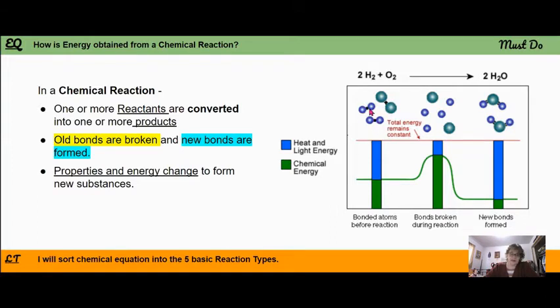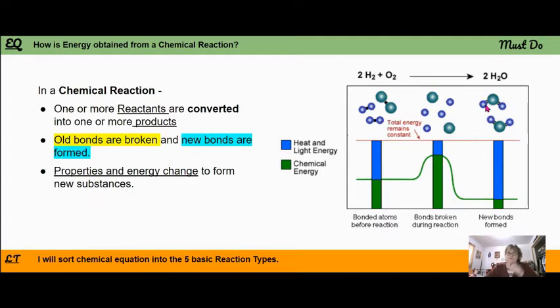So we need to break those bonds, which means we need to add energy. And then when they're broken, they're all floating around, in milliseconds of time. And then all of a sudden they form new bonds. The particles move around and hit each other.